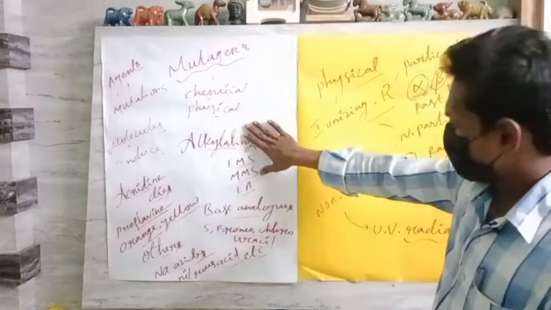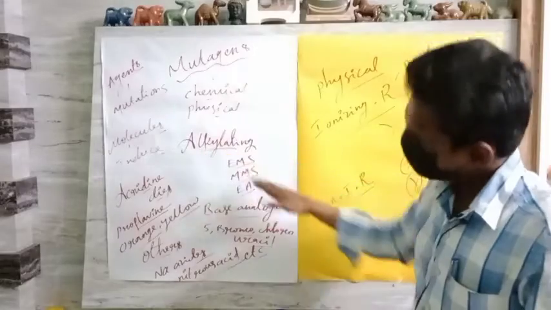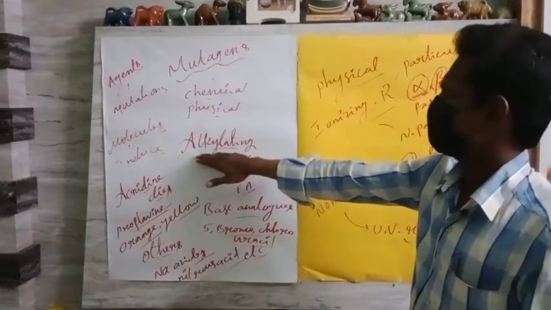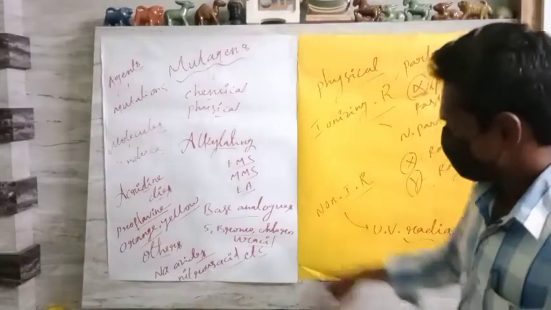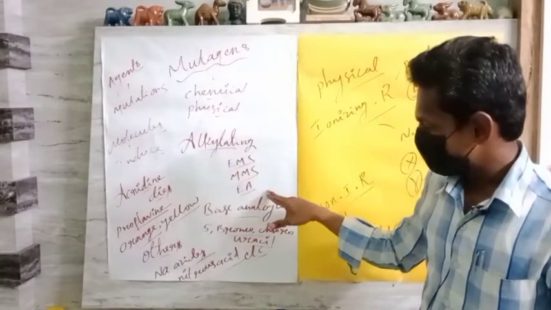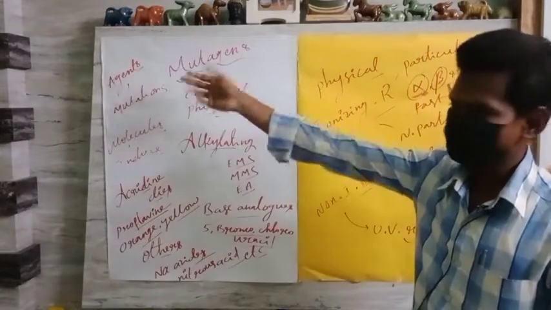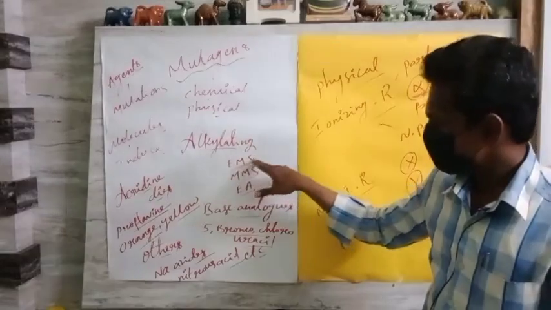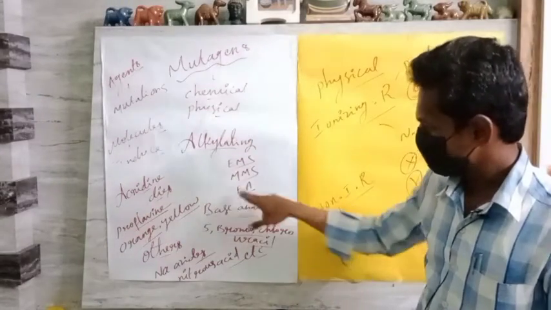And the final one, alkylating agents or alkylating mutagens. There are three hazardous alkylating agents: EMS, MMS, EA.